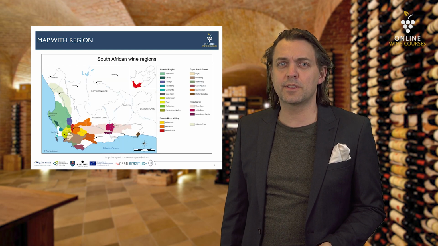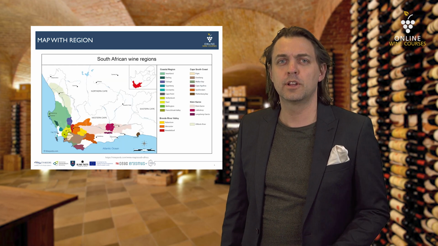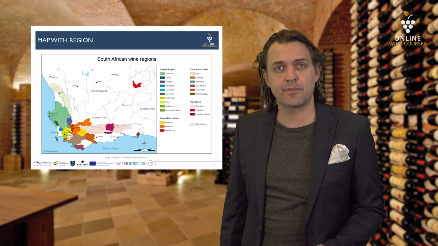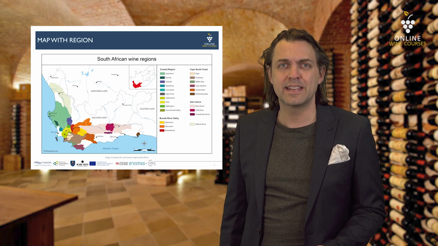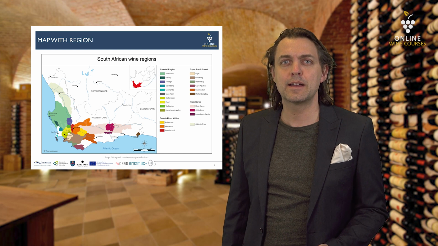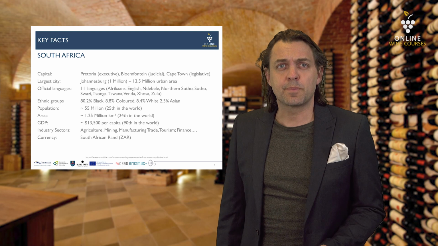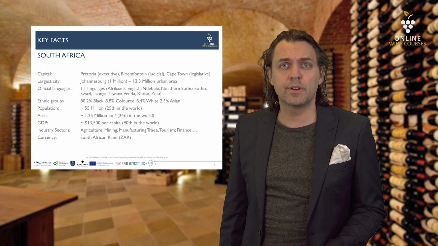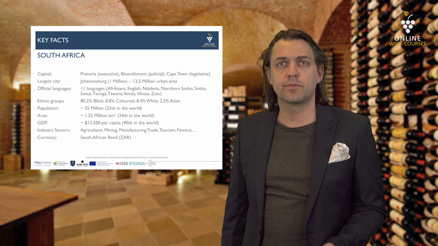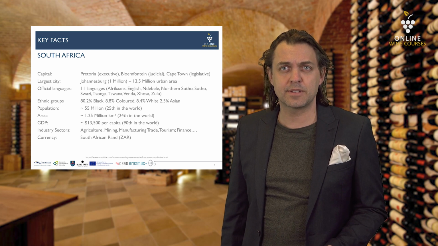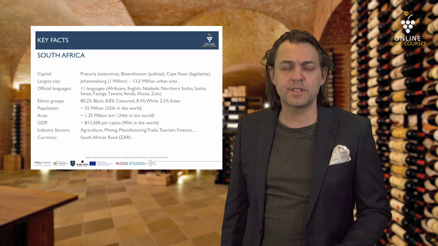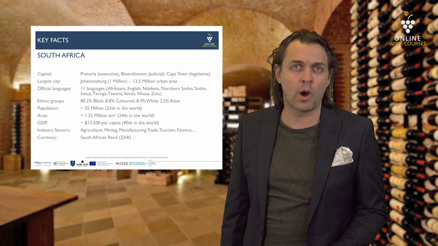And see specifically that in the Western Cape, a lot of these wine regions here in South Africa do hug onto the ocean, giving it this very specific maritime climate. So, South Africa, the capital, as you can see, is in Pretoria, and then you have the judicial capital in Bloemfontein and Cape Town, which is then more specific to where we are talking about in wine country.